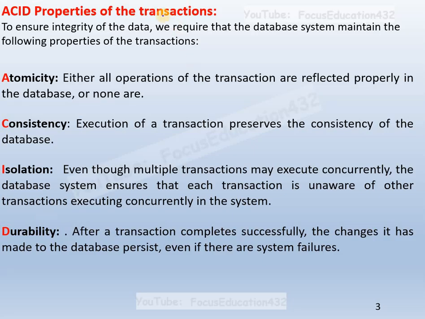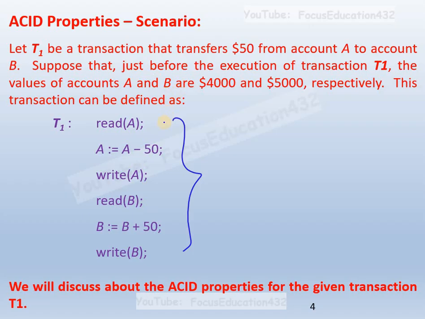Now, what is atomicity? Either all operations of the transaction are reflected properly in the database, or none are. If we take this example, we have account A and account B. Suppose account A initially has $4,000 and account B initially has $5,000 in the database.